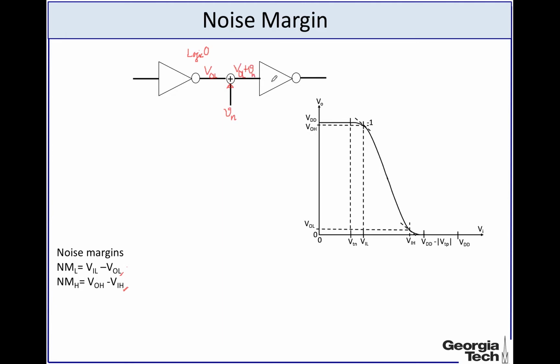All right. So the input is VOL plus Vn to this inverter. Now again, what we have said is that to make sure this inverter operates properly, the input voltage to this inverter should be smaller than VIL. So for this inverter to operate correctly, VOL plus Vn should be smaller than VIL, or we can say that the value of Vn, which is the noise voltage, should be smaller than or equal to VIL minus VOL.